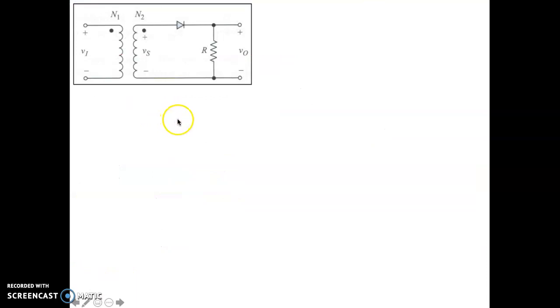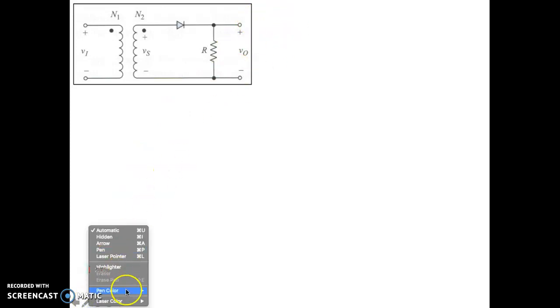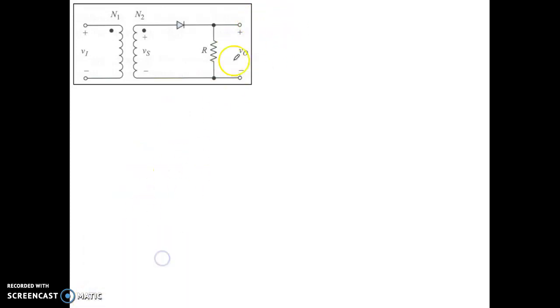This is an example of a half wave rectifier. You only have one diode here. This is the input from before the transformer, what we call V primary. And here is your V secondary connected to the one diode, in series with a resistor.